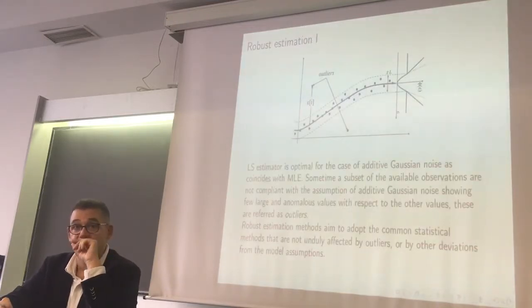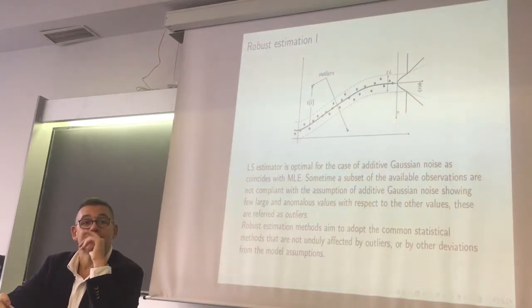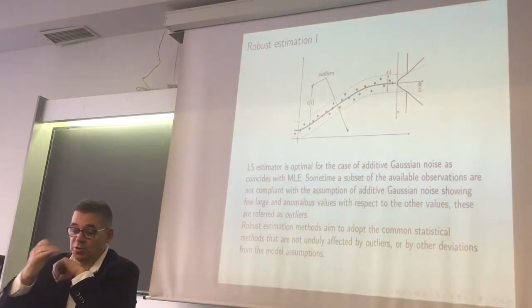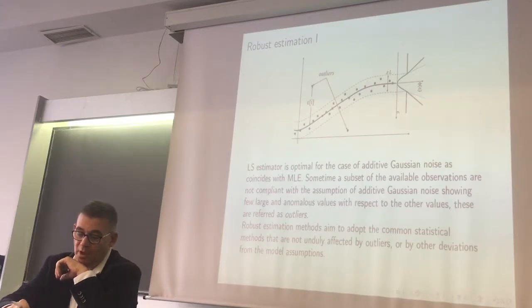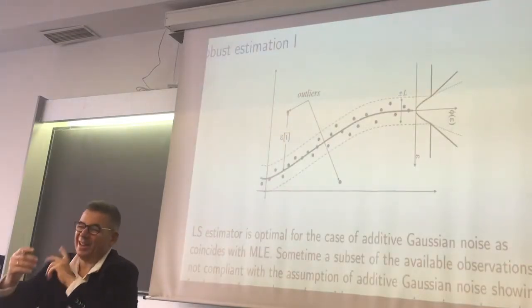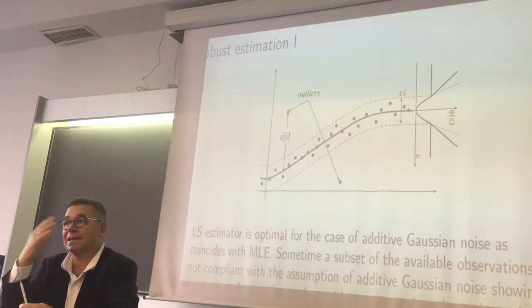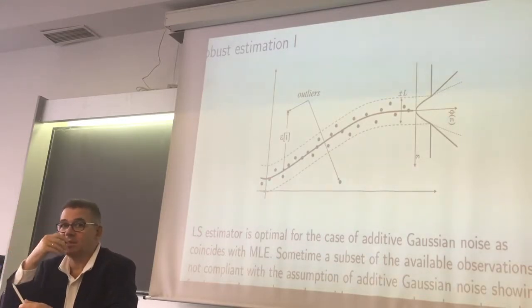Last, which is left out, is the so-called robust estimators. What are robust estimators? Now, usually, intuitively, the least square is based on a metric, and the metric is quadratic.